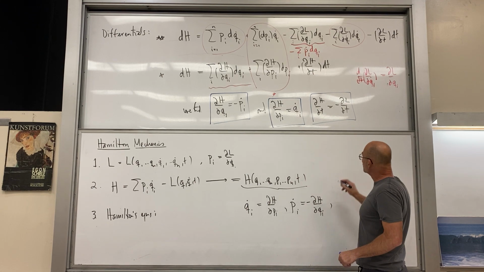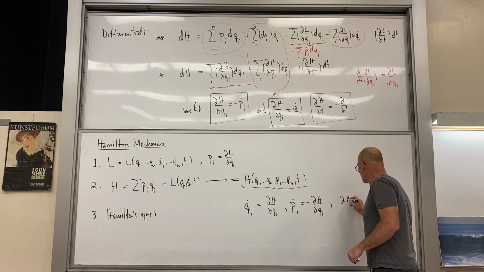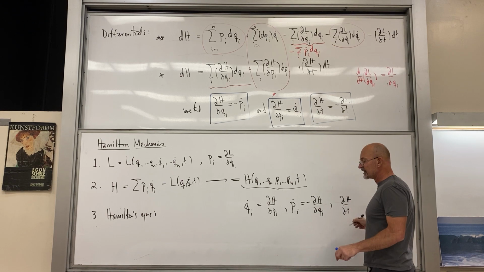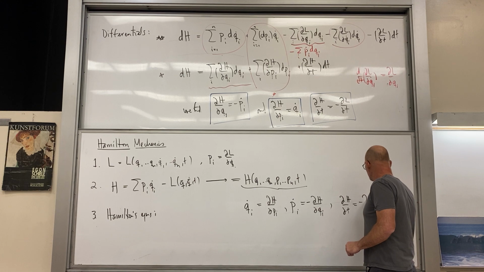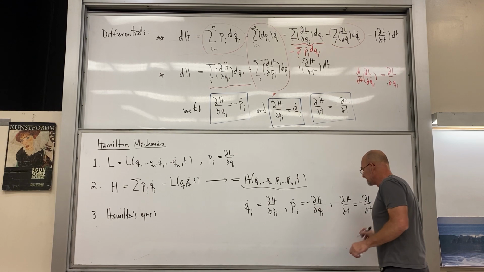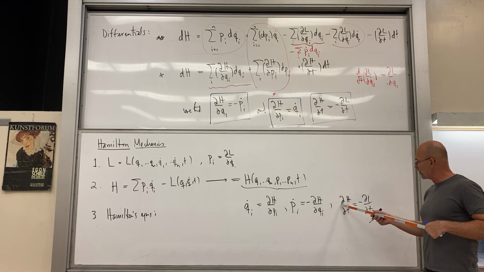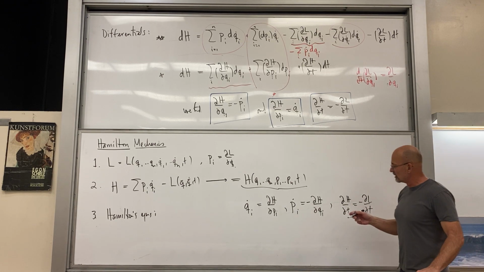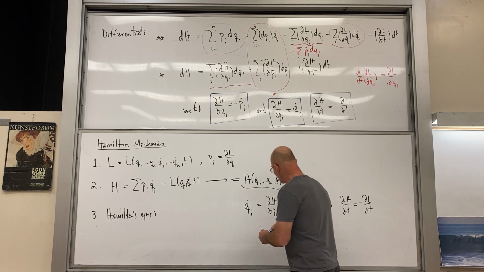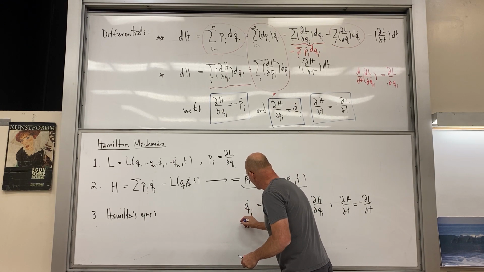And this last relation here tells us something about the Hamiltonian: ∂H/∂t equals minus ∂L/∂t. It's not really part of the equations per se, or at least by that I mean these are not the ones you're then setting up and solving for.